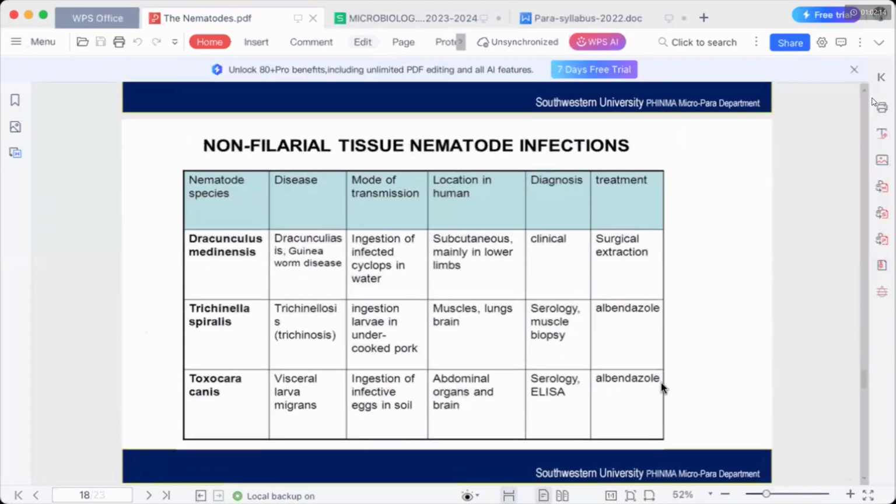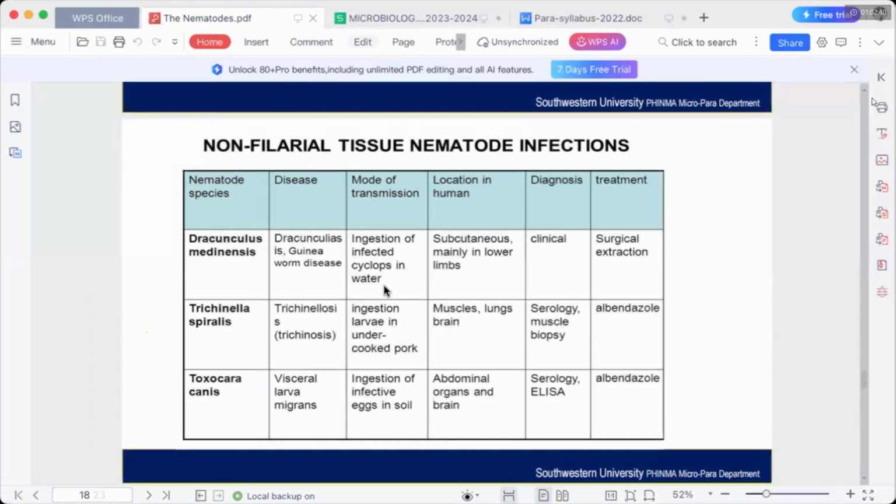So for the non-filarial tissue nematodes, you have your Dracunculus, your Trichinella, and your Toxocara. For the disease for Dracunculus, you have Dracunculiasis or the guinea worm disease.